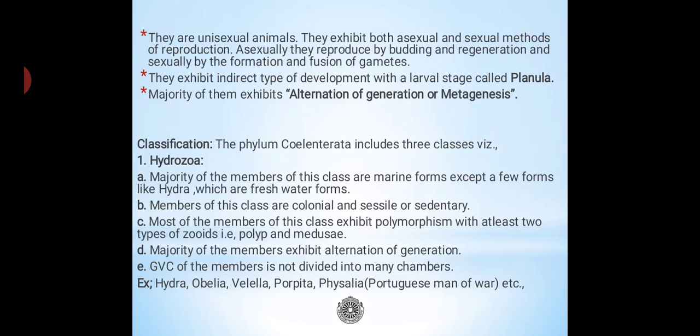Most of the members exhibit polymorphism with at least two types of zooids, that is polyp and medusa. Majority of the members exhibit alternation of generation, and GVC of the members is not divided into many chambers. GVC means gastrovascular cavity or coelenteron. Examples: Hydra, Obelia, Velella, Porpita, Physalia, which is also commonly called Portuguese man of war, and others.